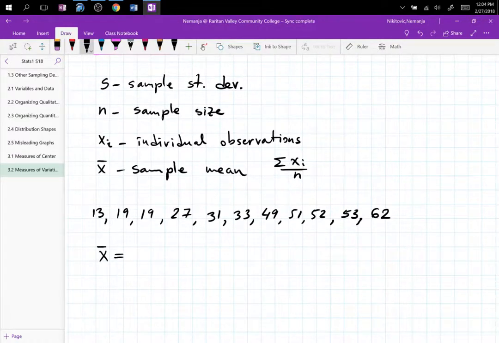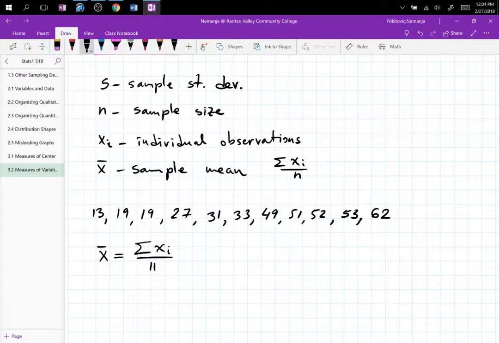X bar is going to be the sum of all observations divided by the 11 observations that we have. So I have 11 observations, and what we do is we add them all up.